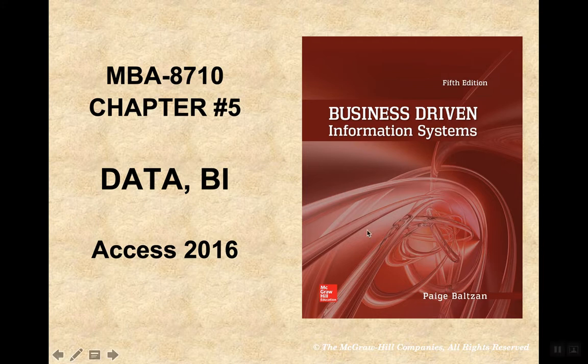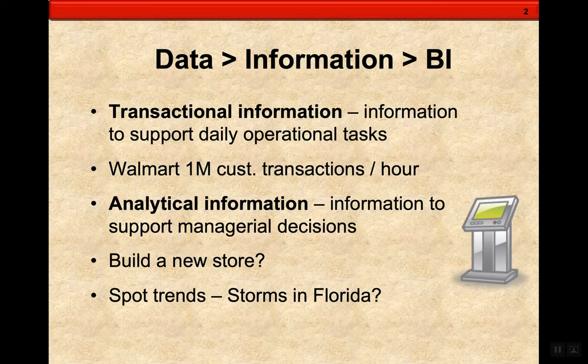Okay, so this is chapter 5, in which we're talking about data and business intelligence. We've talked about this a little bit earlier in the course, this idea of the relationship between data and information. Data is collections of facts that can be processed into information, which can be used for decision making.